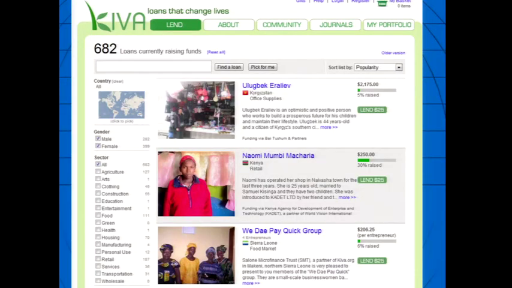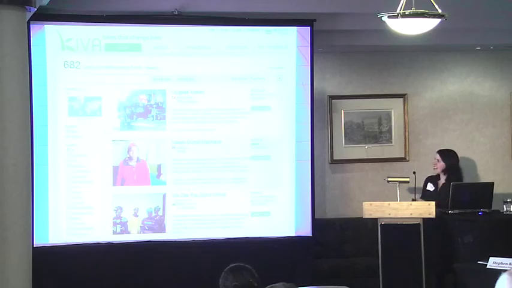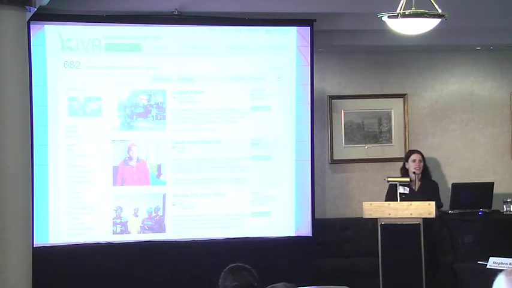So this is what Kiva looks like if you haven't seen it, and here are some of the different people asking for loans. One of the nice features of Kiva, for our purpose, is that you can apply for loans either as an individual or as a group. And so we have data on the number of borrowers in each of these proposals.